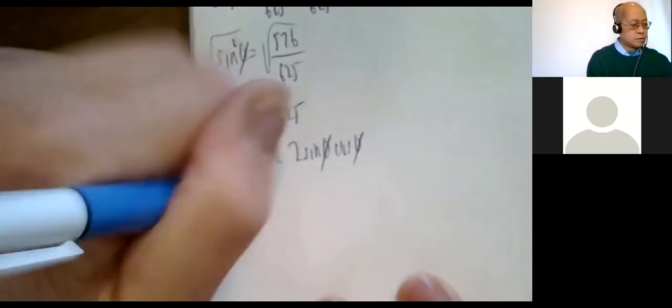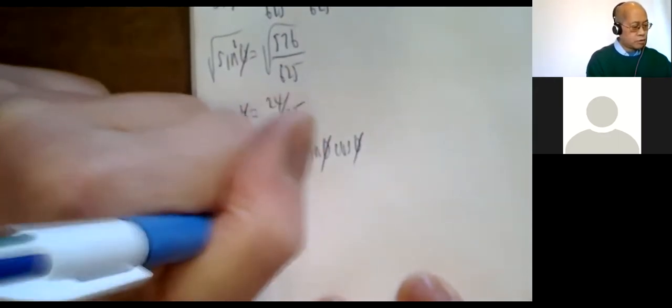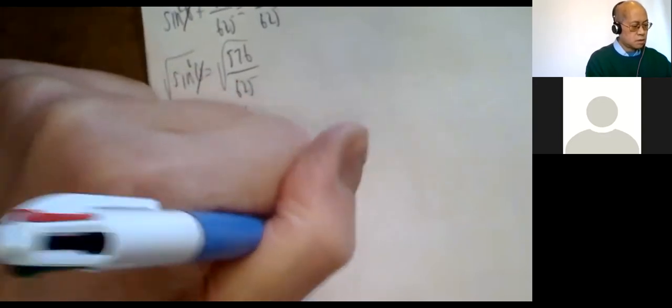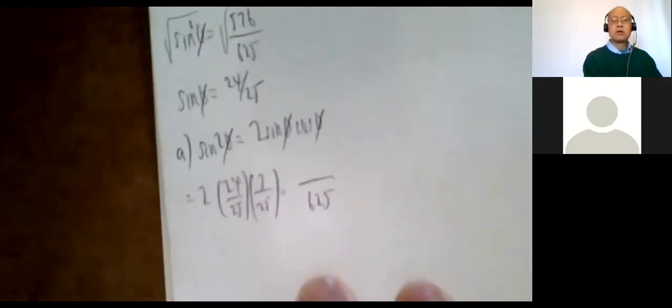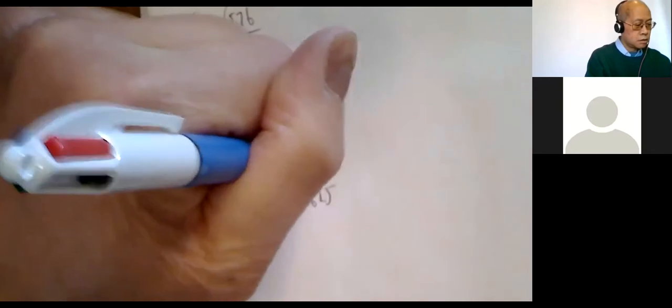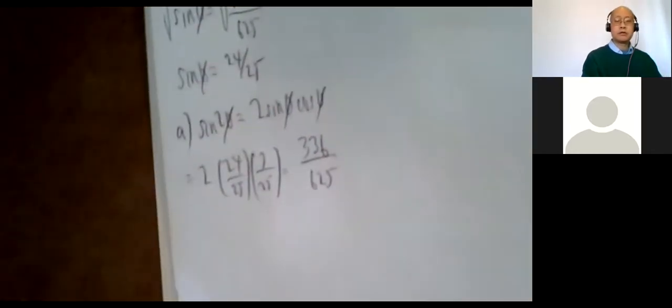So 2 times 24/25 times cosine phi, which is 7/25. So whatever that comes out to be, 336/625.